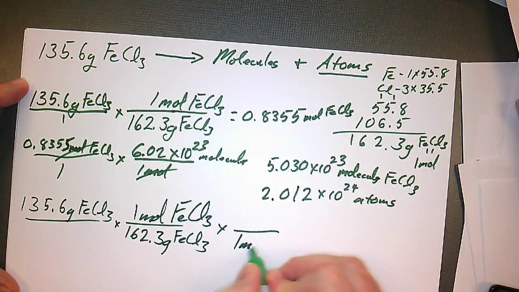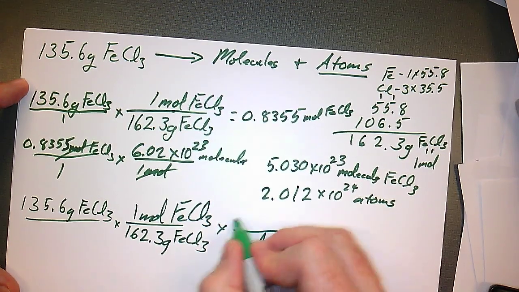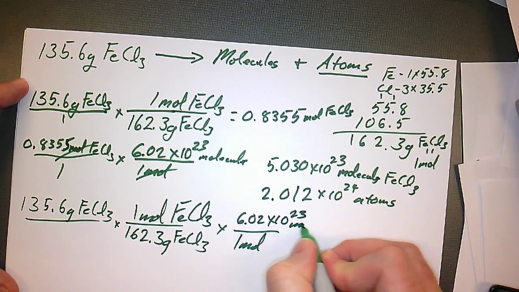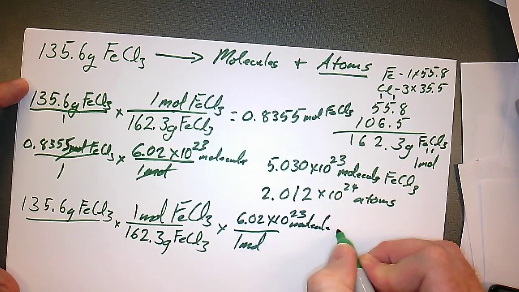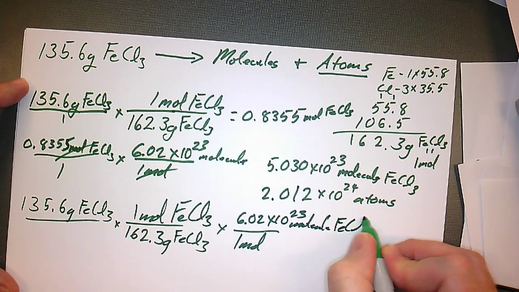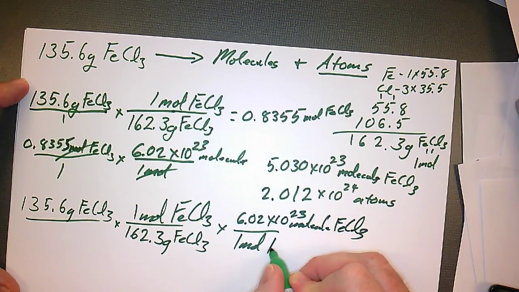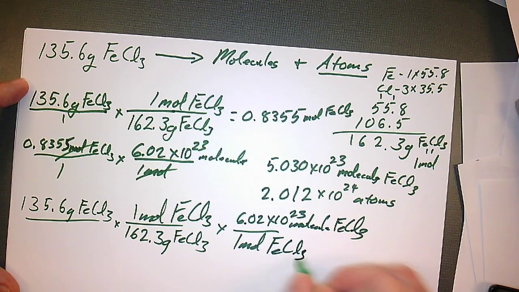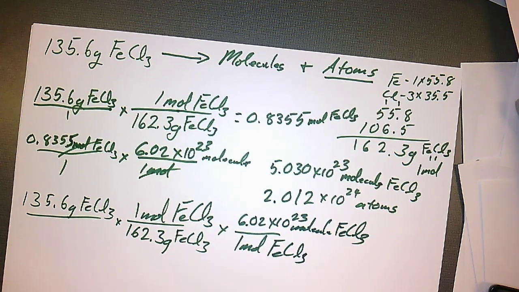All right, and the 6.02 times 10 to the 23rd molecules goes on top. All right? Then all you have to do is multiply straight across on the top, multiply straight across on the bottom, which is just going to stay 162. So you multiply the top, divide by the bottom, and you're done. You get the same exact answer.